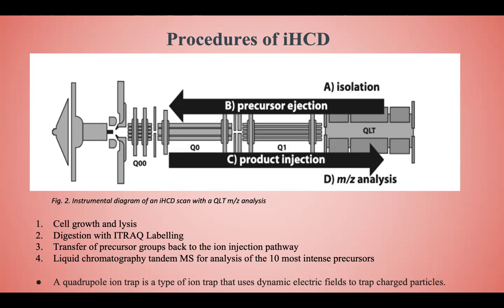The precursor ions collide with the background gas molecules and fragmentation occurs. The generated products are trapped here, and the ion fragments travel back to the QLT along the ion injection pathway, and the products are now ready for mass analysis.